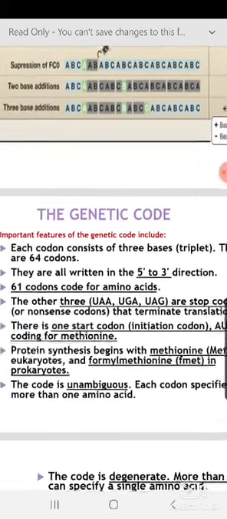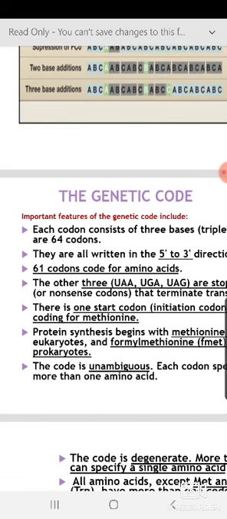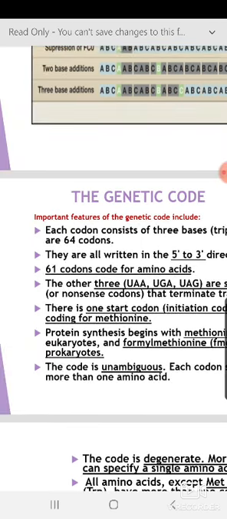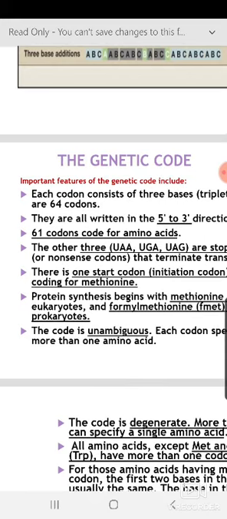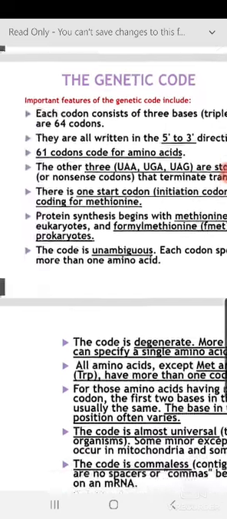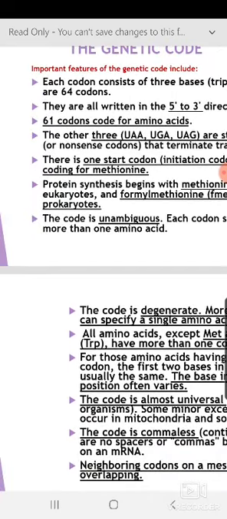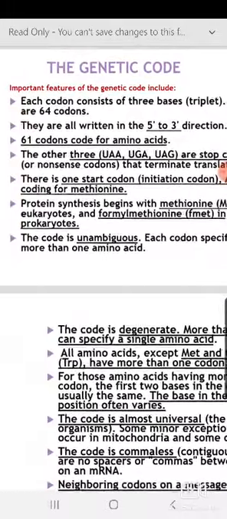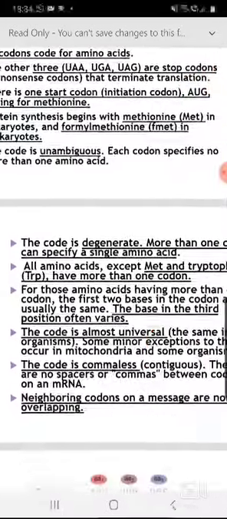That means they terminate translation. There is one start codon, the initiation codon, AUG. In some rare cases, GUG is also present, coding for methionine. Protein synthesis begins with methionine in eukaryotes and formyl methionine, fMet, in prokaryotes. The code is unambiguous. Each codon specifies no more than one amino acid.